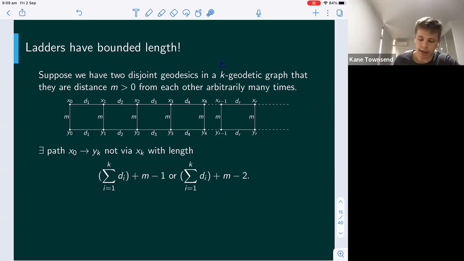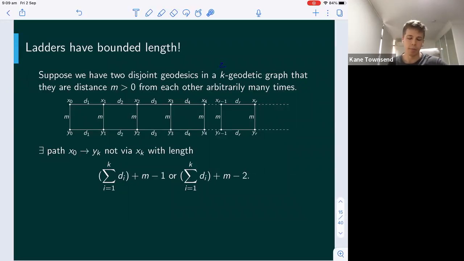The argument for that will be if you travel from x0 to y2 by looking at the geodesics from x0 to say 1 step along here, 2 steps along here, 3 steps along here, and so on. At one point, there's going to be a geodesic that is either 1 or 2 less.